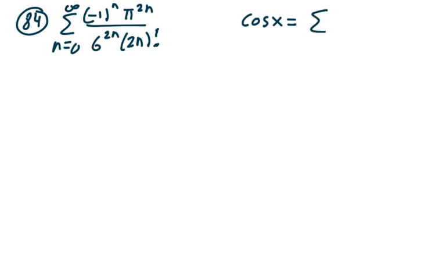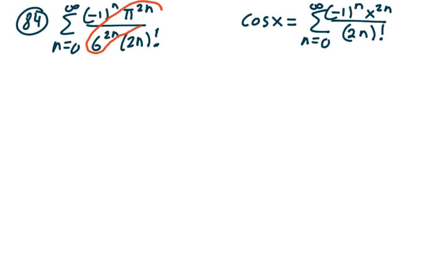Cosine of x is the summation from n equals 0 to infinity of -1 to the n x to the 2n divided by 2n factorial. And I'm going to pay attention to pi to the 2n over 6 to the 2n.